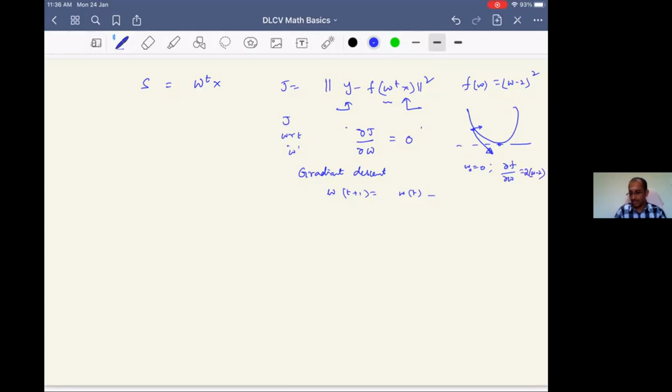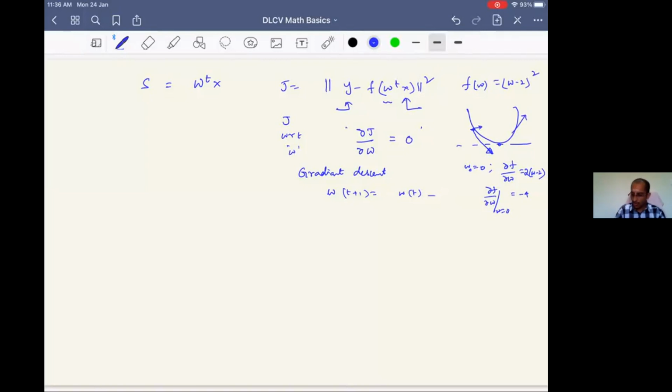I would like to see in which direction this slope is, positive or negative. Substituting w equal to 0, dou f by dou w equals minus 4, so it is in the negative direction. Whenever the tangent is downwards, it is negative; whenever the tangent is upwards, it is positive. That's how the slope is defined.